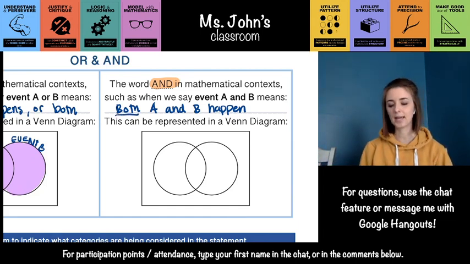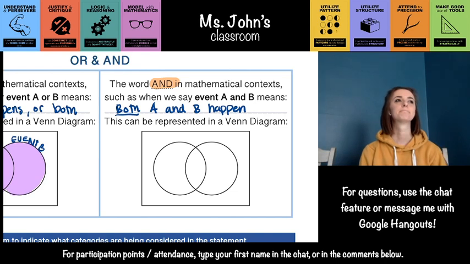If we were to say in a sentence, like, having pizza for lunch and getting to play video games, in English we could say, hey, it would be awesome if I got to eat pizza and play video games.